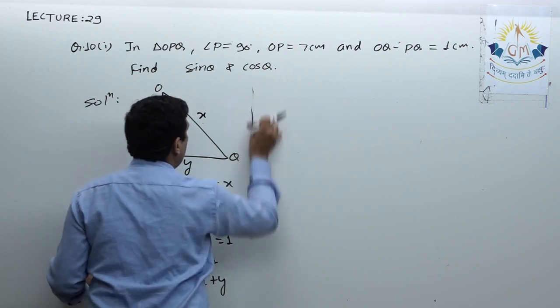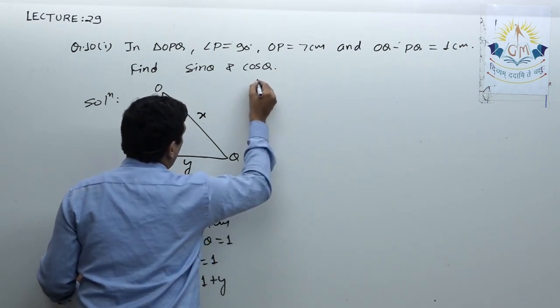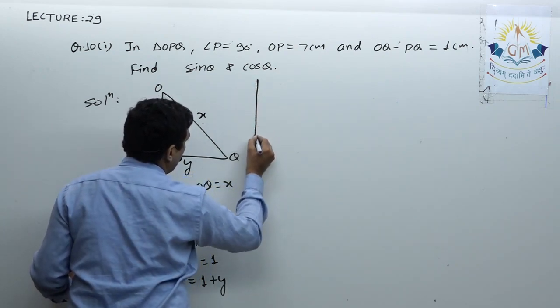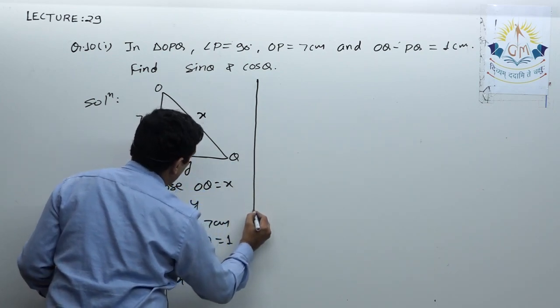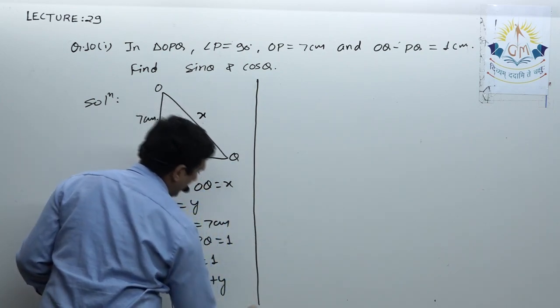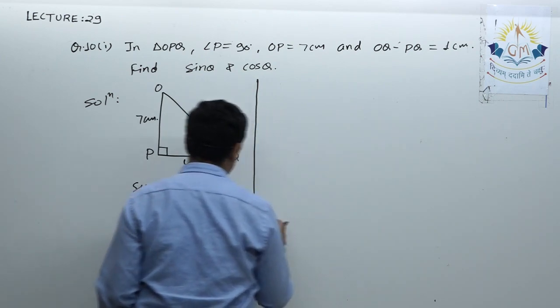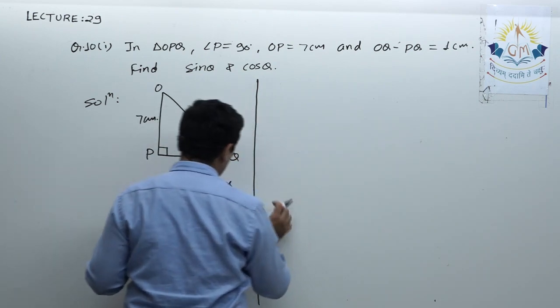I need to get the values of X and Y. Here one thing is sure, that X is greater than Y, because X, that is OQ, is the hypotenuse, and hypotenuse is the longest side of the right triangle.